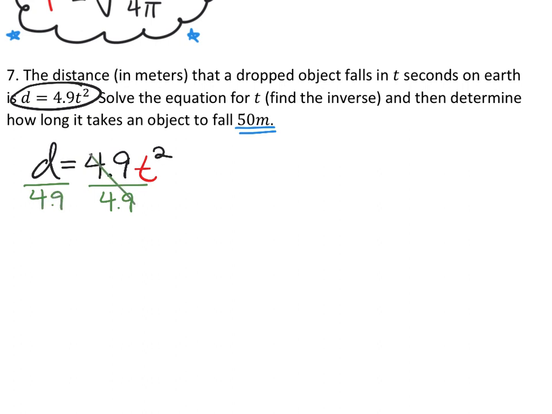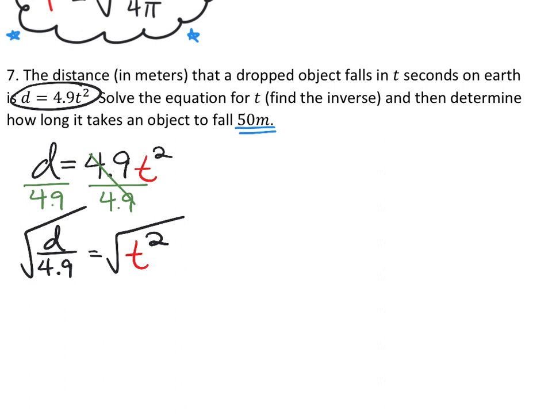These will cancel, and I'm left with d over 4.9 equal to t squared. Now again, I'm working on getting the inverse function, which means doing a bunch of inverse operations. What's the inverse of squaring something? Square root it. So we square root both sides to get the square to go away.